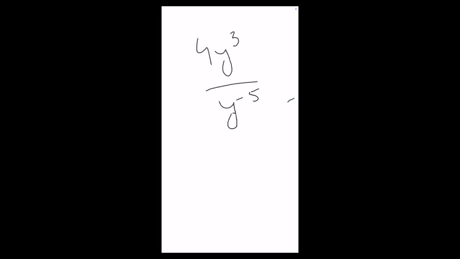Are you getting my point? See, for example, with a negative exponent, 4y cubed, and this y to the power 5, if I convert it into 1 over y raised to power 5.